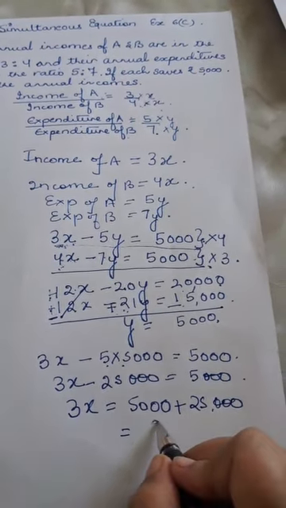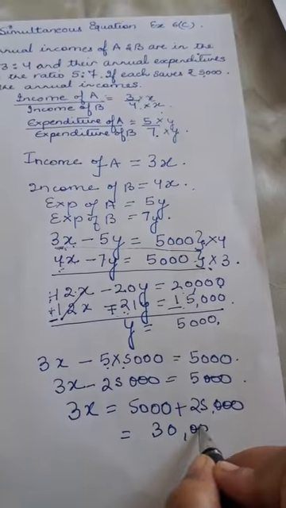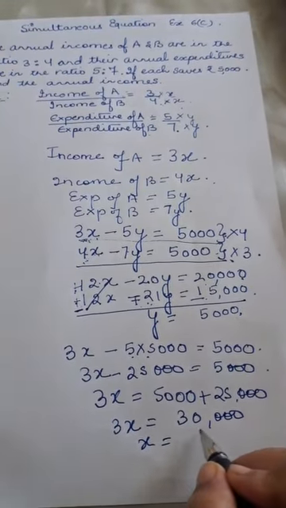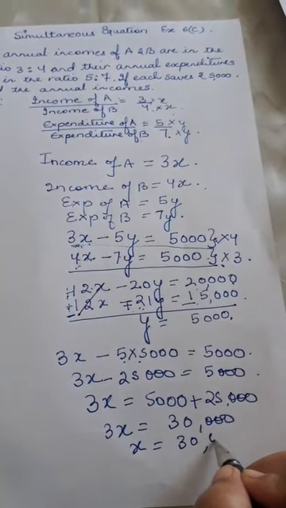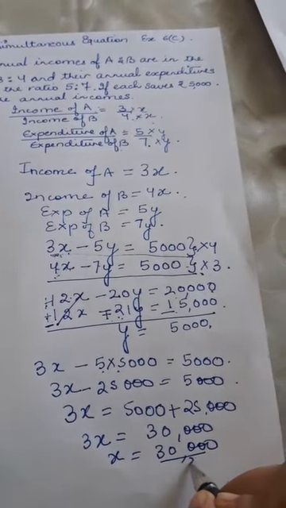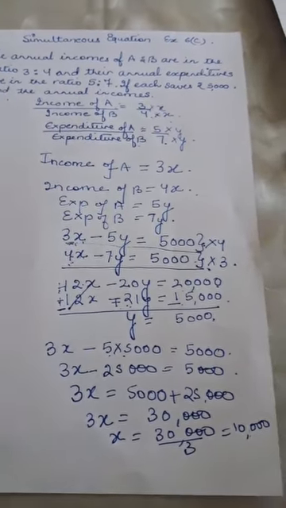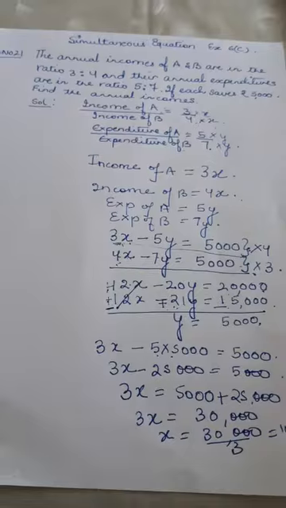Now 3x is equal to 30,000. So x is 30,000 divided by 3, which is 10,000. So the value of x we get as 10,000.